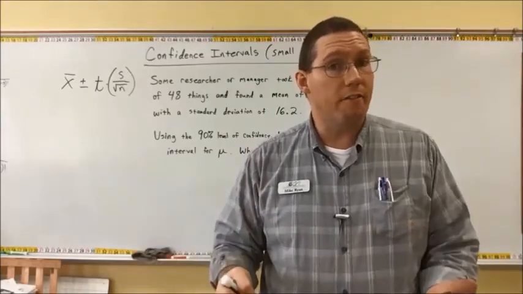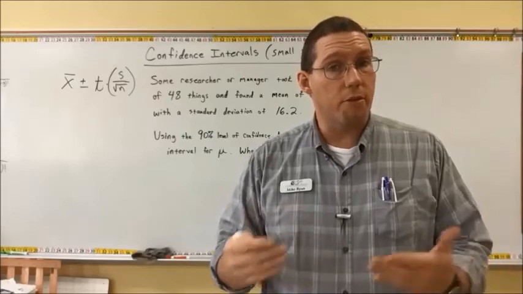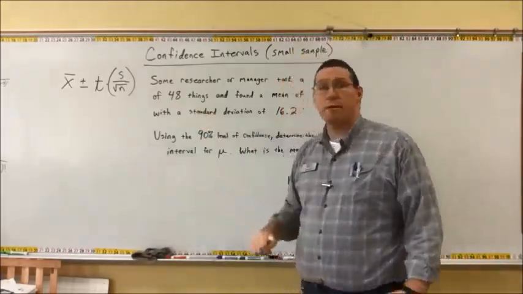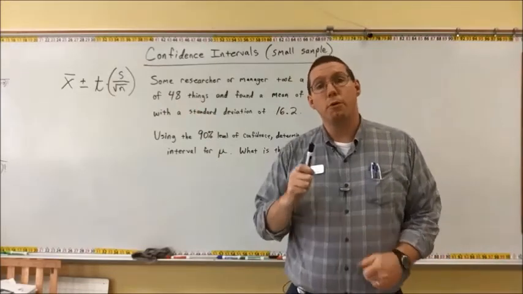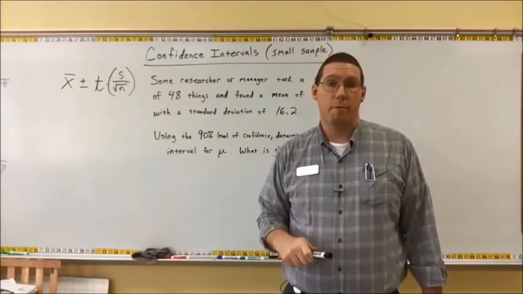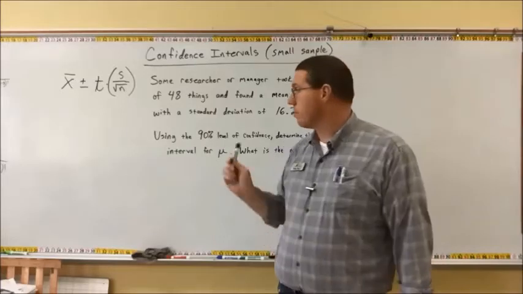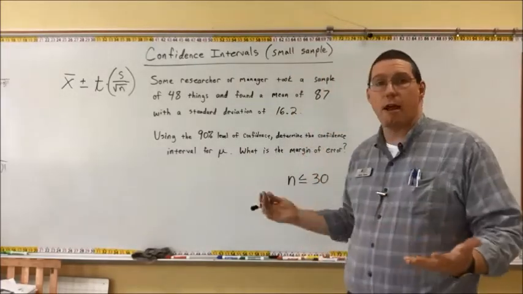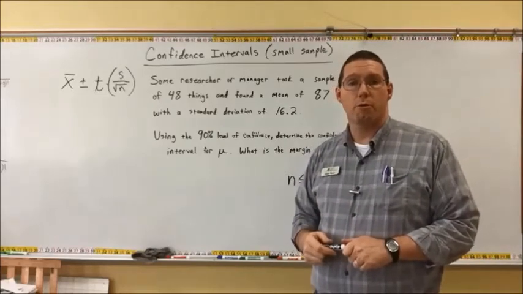I'm not going to tell you in advance. You have to look at the sample size and determine whether you should be using the Z table or the T table. So this is just my little trick to teach you how you have to decide.